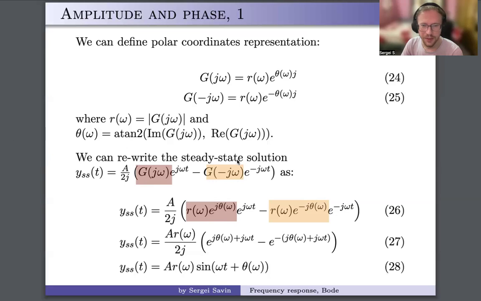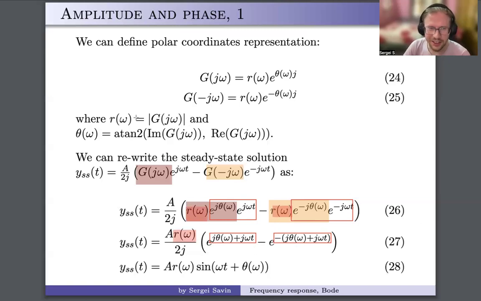Now, next step, we'll observe that the product of two exponents is just one exponent with the exponent values summed, right? So that is the next observation. We also put this term outside of the brackets because there's a common factor, right? It goes here.